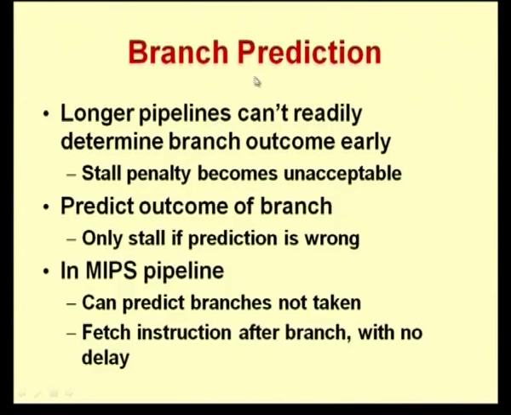The question that comes up is, do I always have to stall on a branch, or can I do something better? The answer to that is that we use a technique called branch prediction. When we talk of branch prediction, what we normally do is try to predict the outcome of the branch. That is, we do not know whether the branch will go to the taken path or go through the sequential path, but we try to predict what the outcome would be.